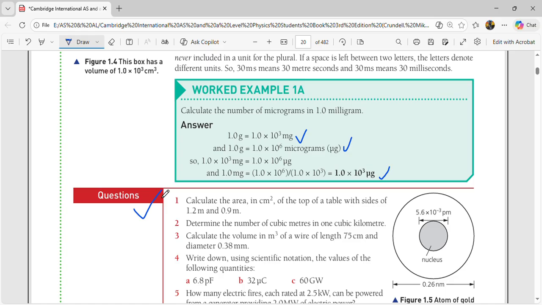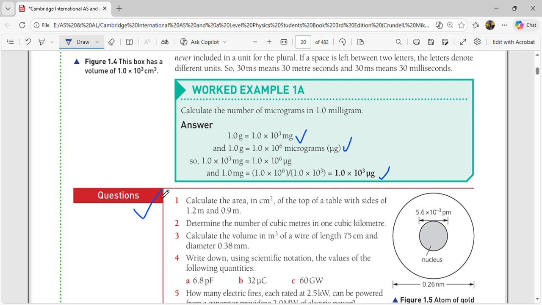By the way, when you're converting area, it depends. For example, in question 1, they are saying calculate the area in square centimeters of the top of a table with sides of 1.2 and 0.9 meters. So it's a rectangular table where the dimensions are given in meters. If you are to convert this, there are two ways.